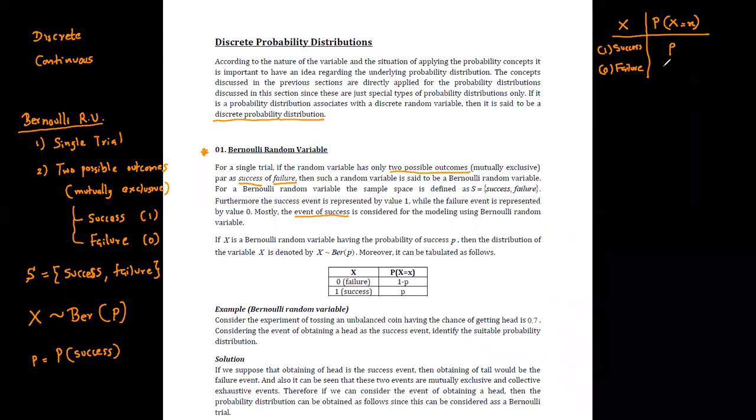Then the failure event can be considered as 1 minus p. It is because we know that there are only two possible outcomes. It means that these are exhaustive events as well as mutually disjoint events. Therefore, by combining all these theories, if the success probability is given as p, the failure probability will be equal to 1 minus p.